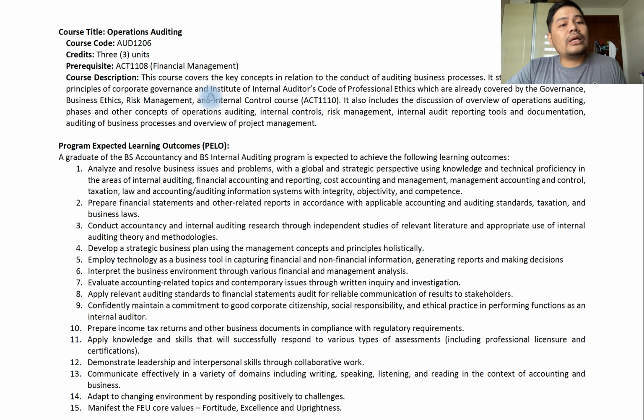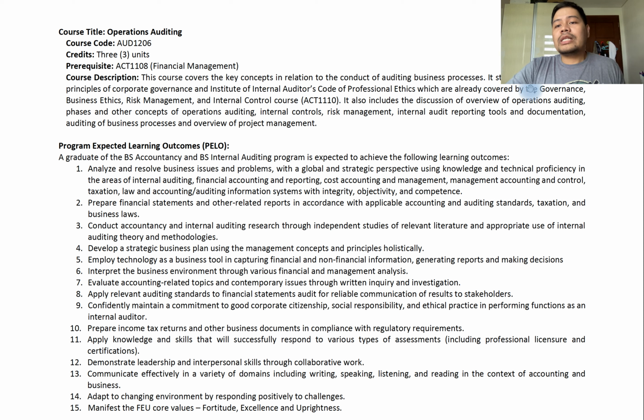The course description: this course covers the key concepts in relation to the conduct of auditing business processes. As I said earlier, in accounting information system, you should be familiar with your transaction cycles, if you still remember. I think you took it in your first year, that summer. Please review that because it's important when we tackle the audit of business processes.